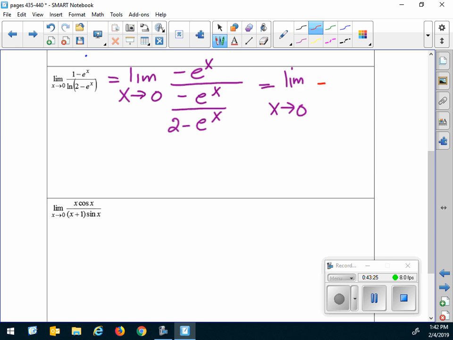That's negative e to the x times 2 minus e to the x over. Did I write that down right? What do I get? 2 minus 1.